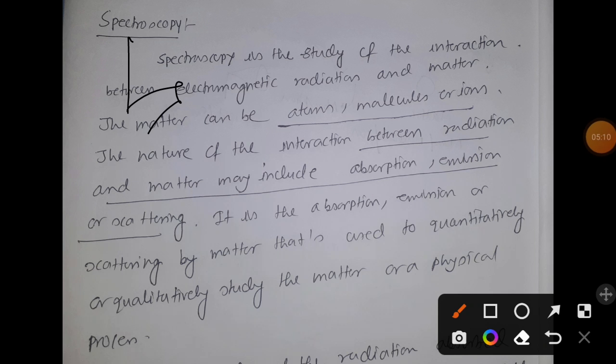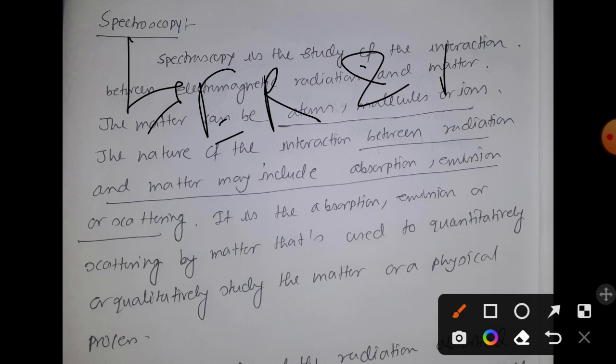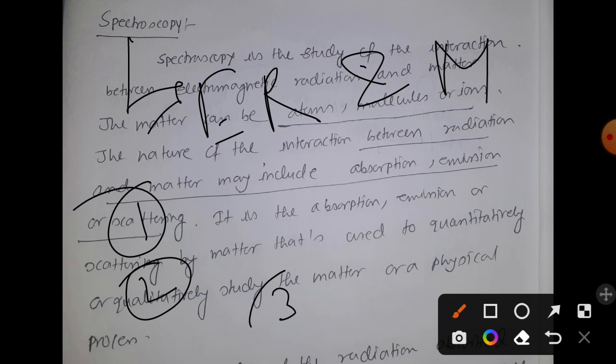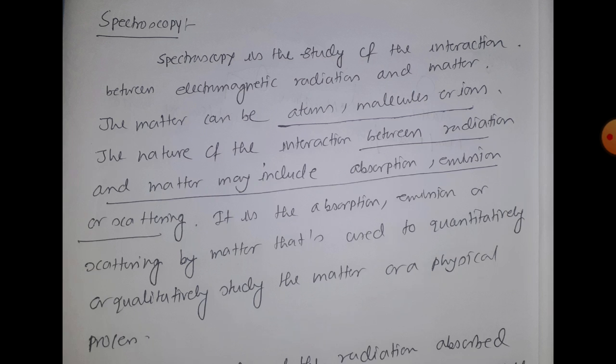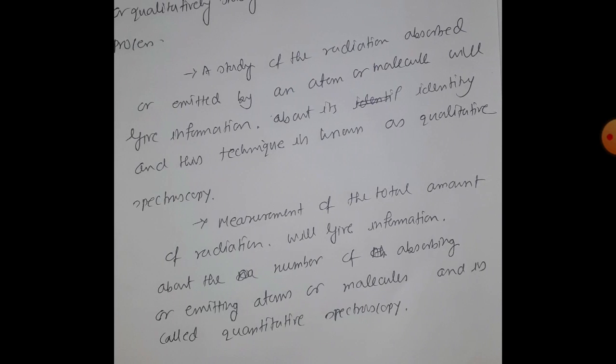Spectroscopy is nothing but the interaction between electromagnetic radiation and matter. This interaction can be of three types: absorption, scattering and emission. With the help of studying those interactions, we can both qualitatively and quantitatively measure the matter. That is what spectroscopy is.